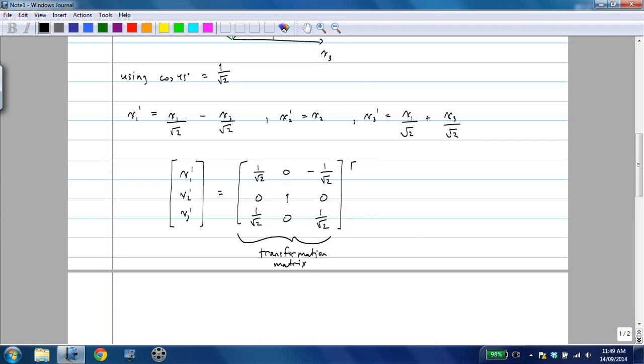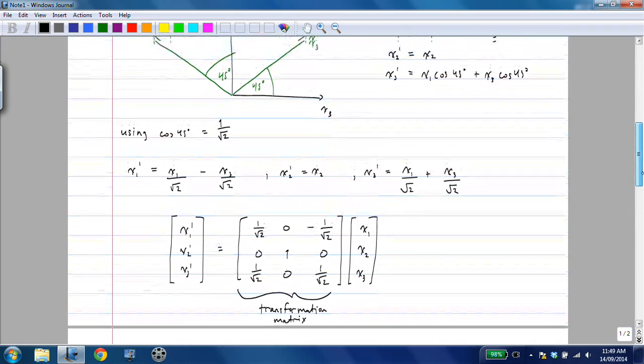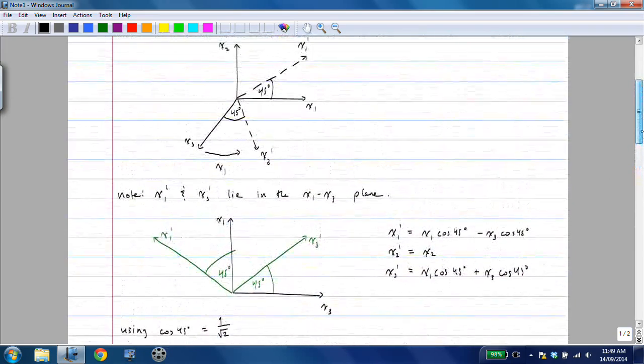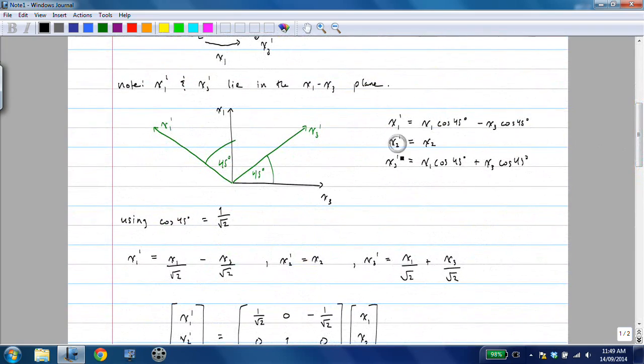And then, of course, we have to multiply by a column vector. And this column vector is the original coordinate system, x1, x2, x3. And there you go, there's your transformation matrix for this problem. So really, the hardest part is writing down these equations here.